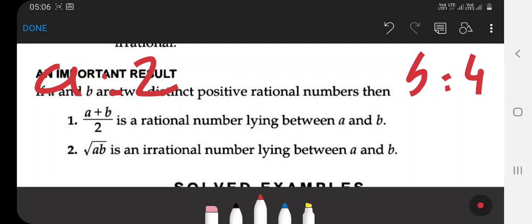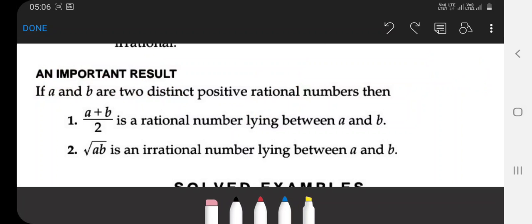So root over AB, that means root under 8, is an irrational number lying between A and B. You find it by the division method. How can we find the value of root 8?